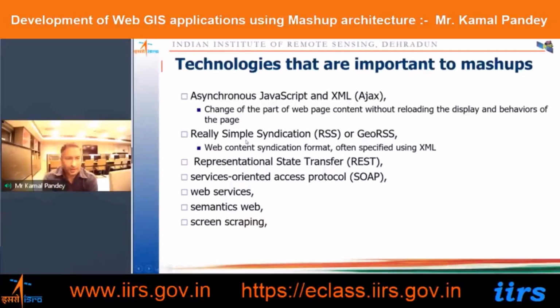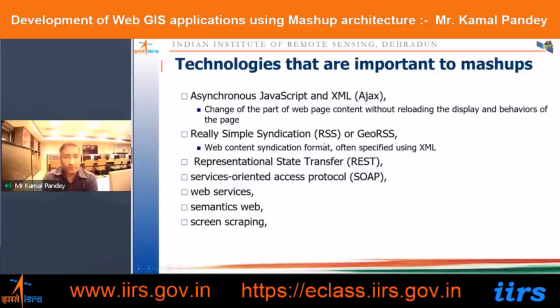Another part is Really Simple Syndication, or RSS, and more specifically GeoRSS. These are also very important technologies. What is this used for? This is used for data syndication. Suppose you want to get data from different sources and present it in your own style in a web page. In that case, GeoRSS or mapping RSS is used.